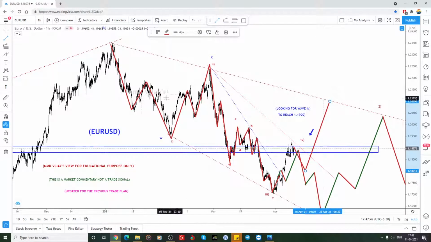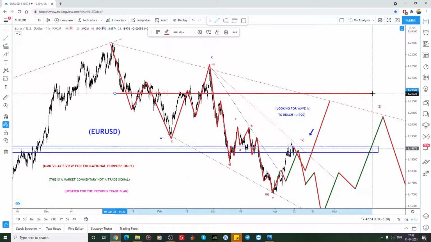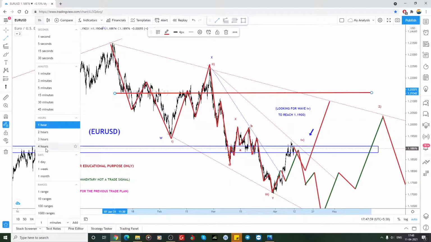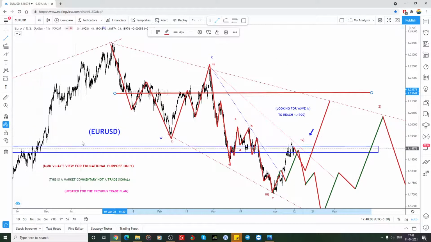It can happen. So again it will retest at this zone, 1.2120, like this, and then one more downward move can start. If it is a leading diagonal, this is the wave 1 or A, and after the B completion, the C or the third wave has to come to the downside.